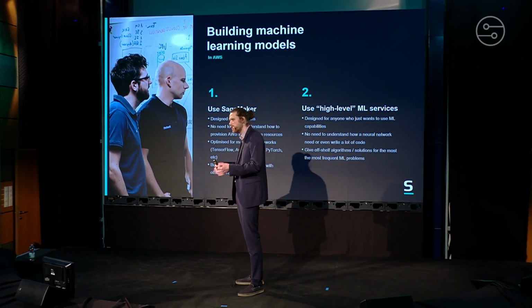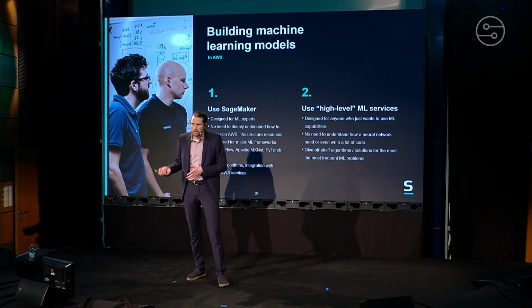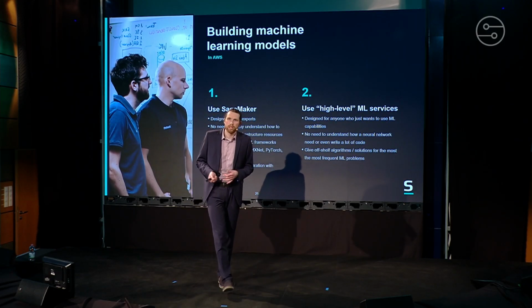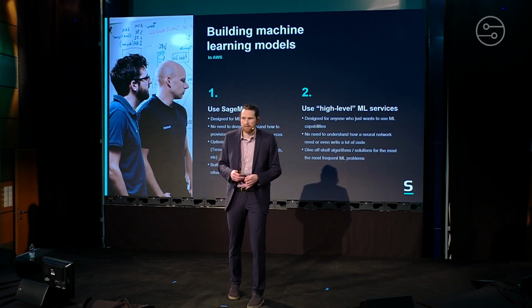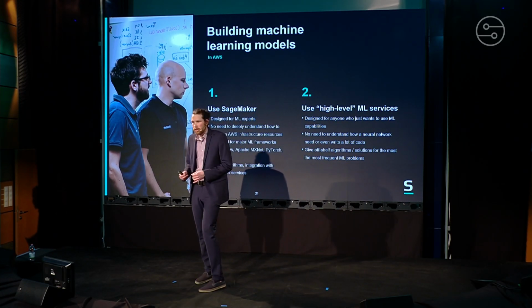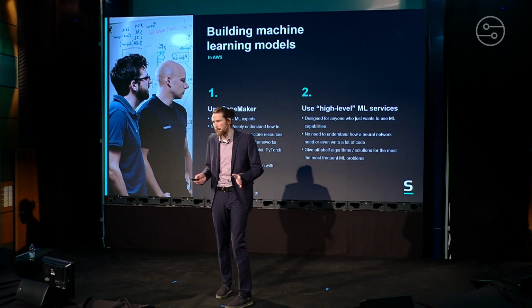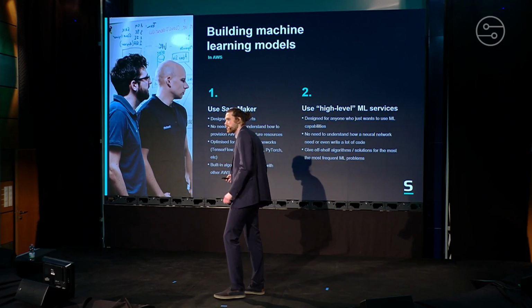We don't really need to deeply understand how a neural network works. And sometimes we don't even need to write a massive amount of code, but we can still achieve good results. So thankfully, for our problem, there is a high-level machine learning service.